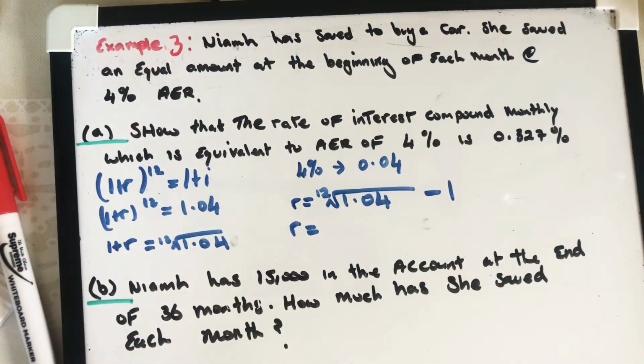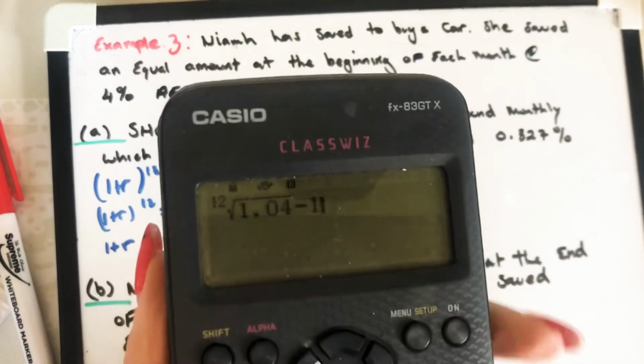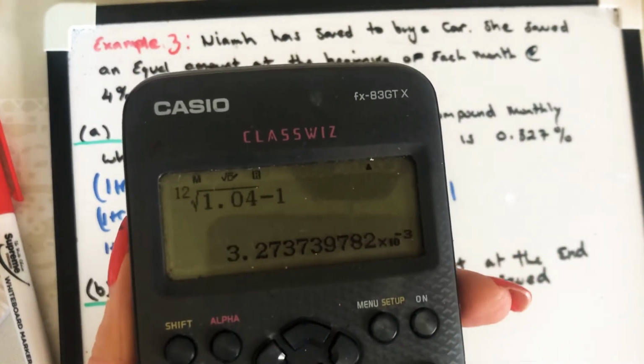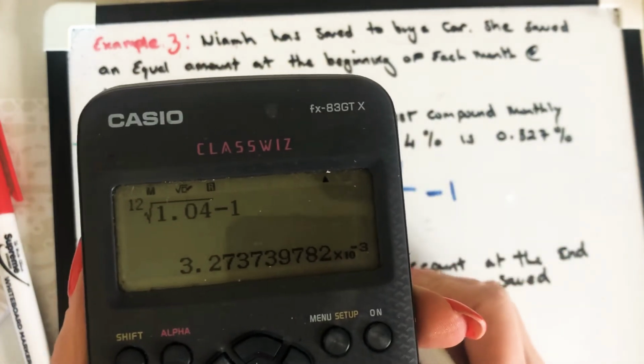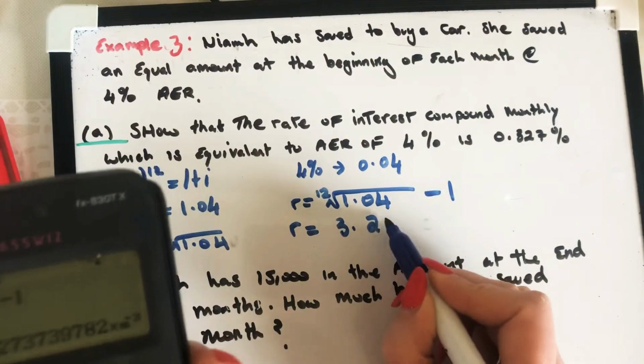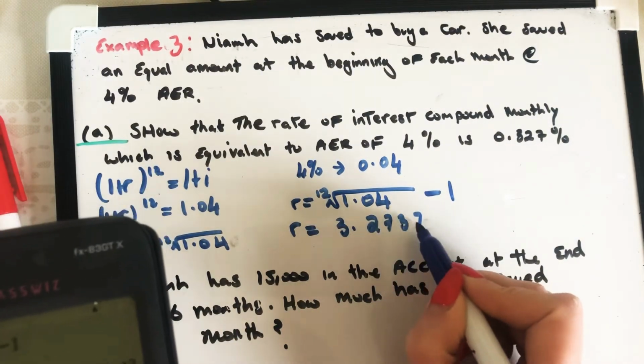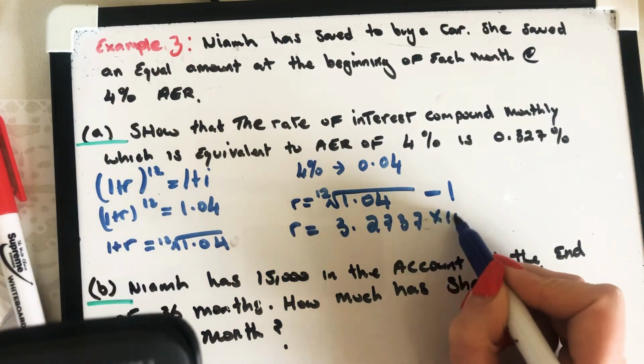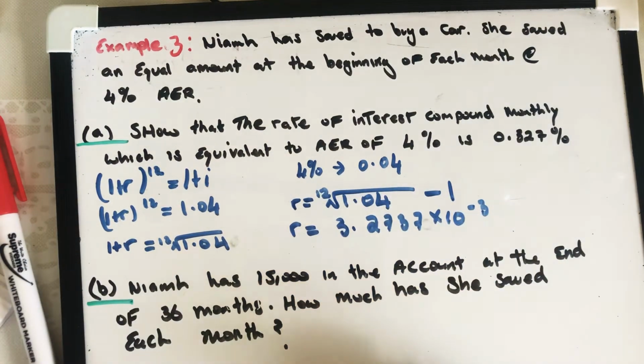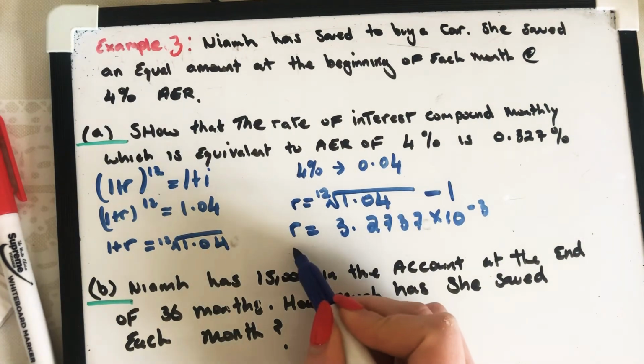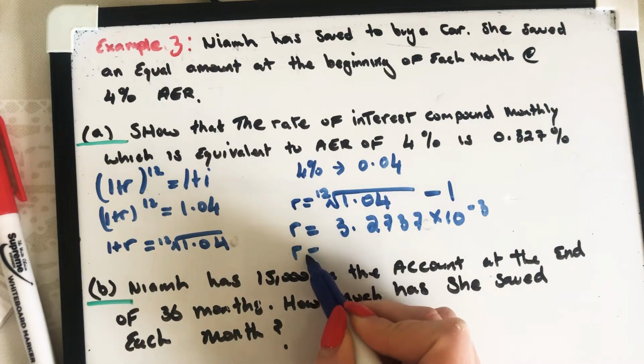So the 12th root of 1.04 minus 1. So here we have it typed in the calculator and we have this number here, 3.2737 by 10 to the minus 3. And of course this here is decimal, so we must bring that to percentage.